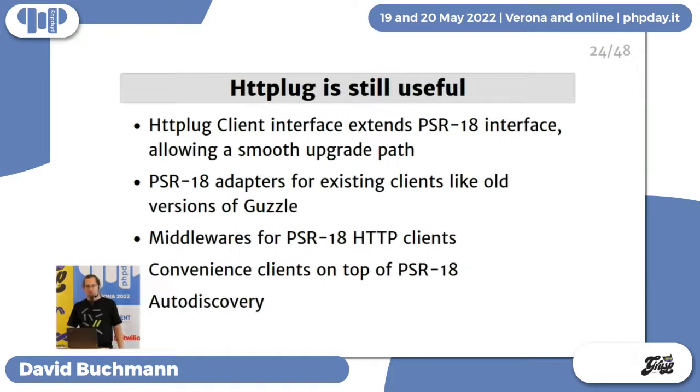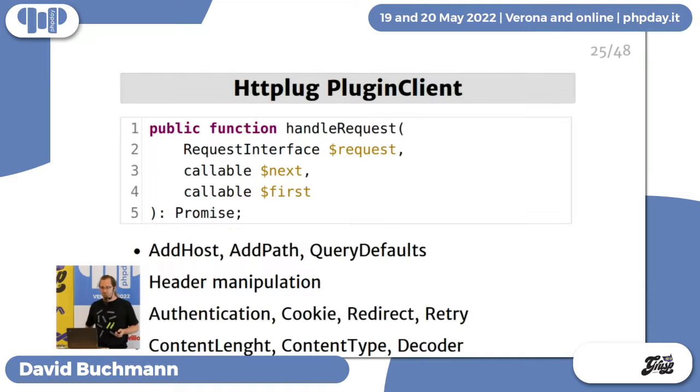And then we also have a bunch of middleware for PSR-18 clients. So you can have a middleware that acts as the client and then goes to the actual PSR-18 client. And some convenience clients, I'm going to show them in a bit, and the AutoDiscovery.